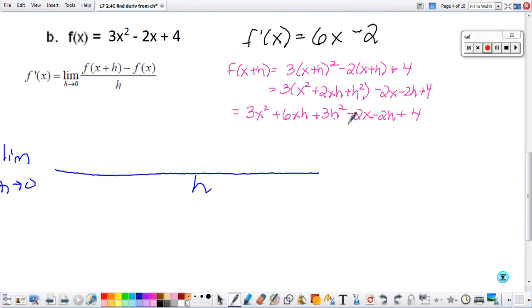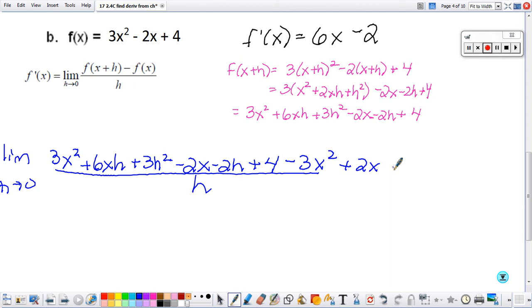And it's going to be this entire polynomial. And then it's minus the original. So what I'm going to do is I have to distribute the negative to all three of those terms. So that's minus 3x squared plus 2x minus 4.